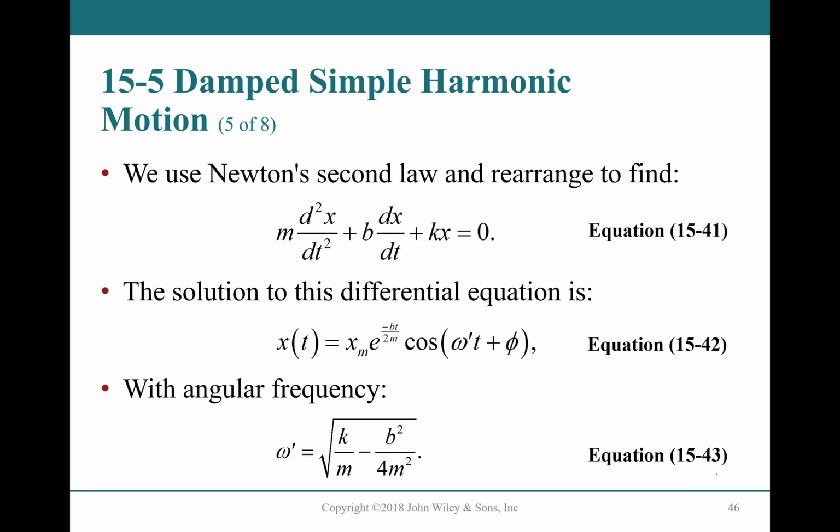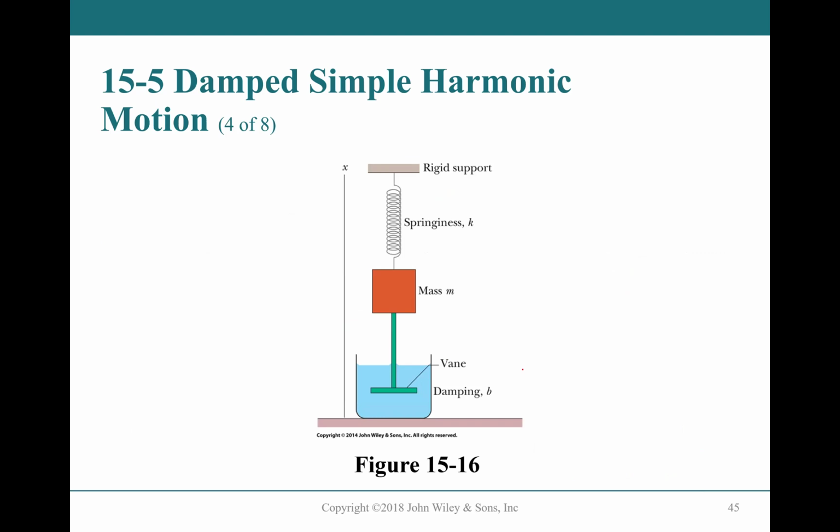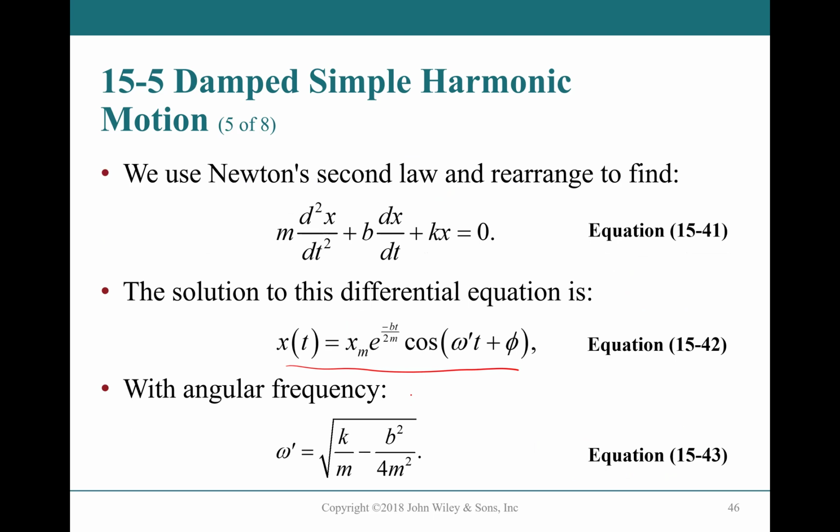We can solve a second order differential equation, and then we are going to get this. If you have something in the liquid to prevent the motion, what is the force acting on the object? The net force equals negative kx minus bv, equal to ma.